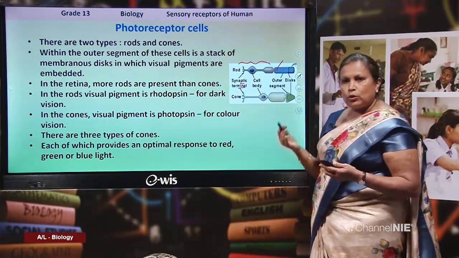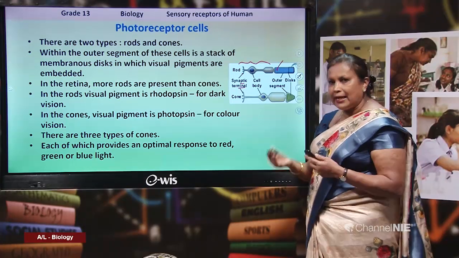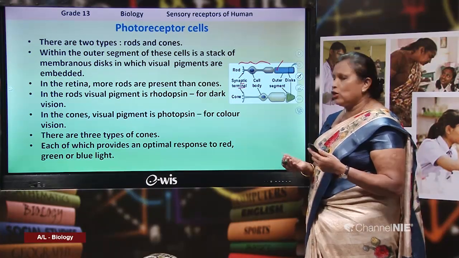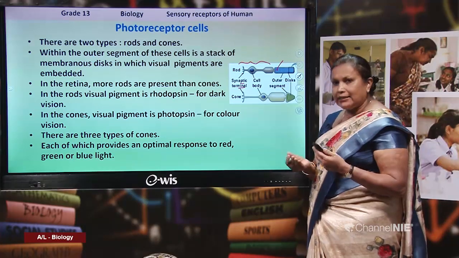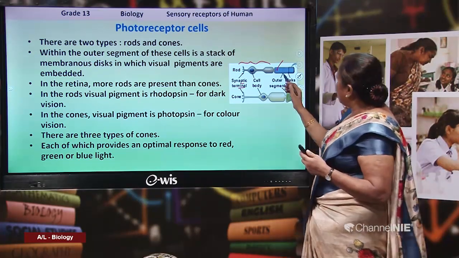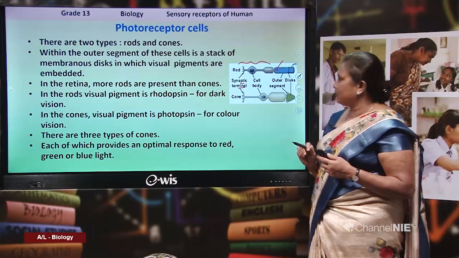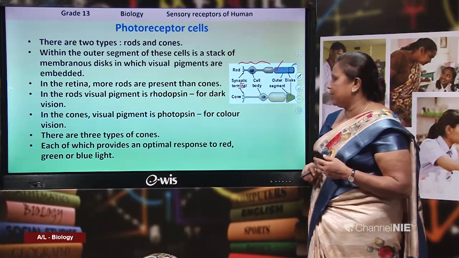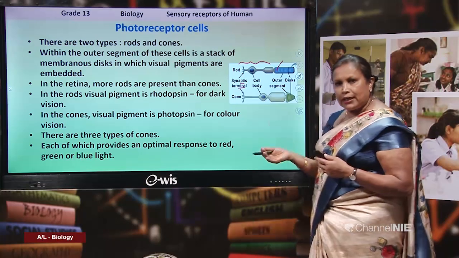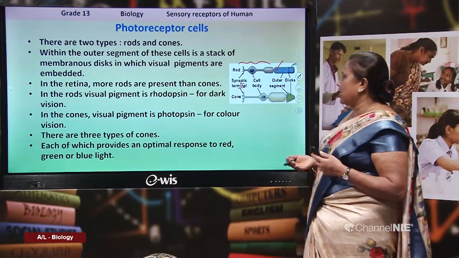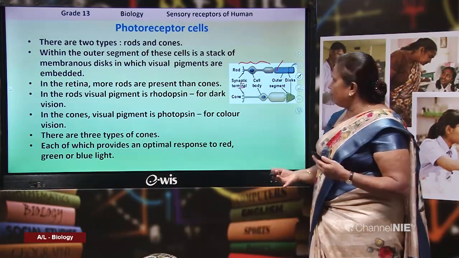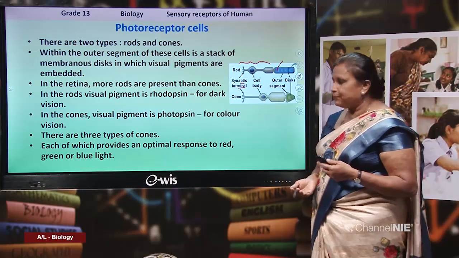Right? To accept the different light rays, these cells contain specialized pigments which are called visual pigments. Two different types of visual pigments are present in two different types of cells.